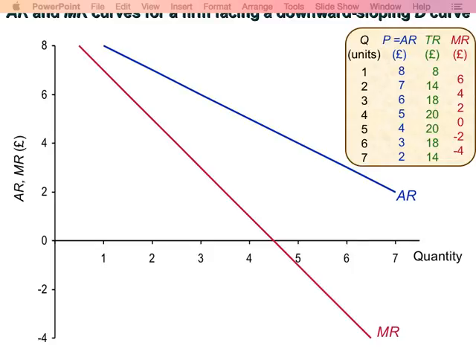You sell additional units at the same price, so the marginal revenue will be the same at any quantity. It will be equal to price. But here, because prices are declining as we increase the quantities, marginal revenue from additional units will be lower. Yeah?